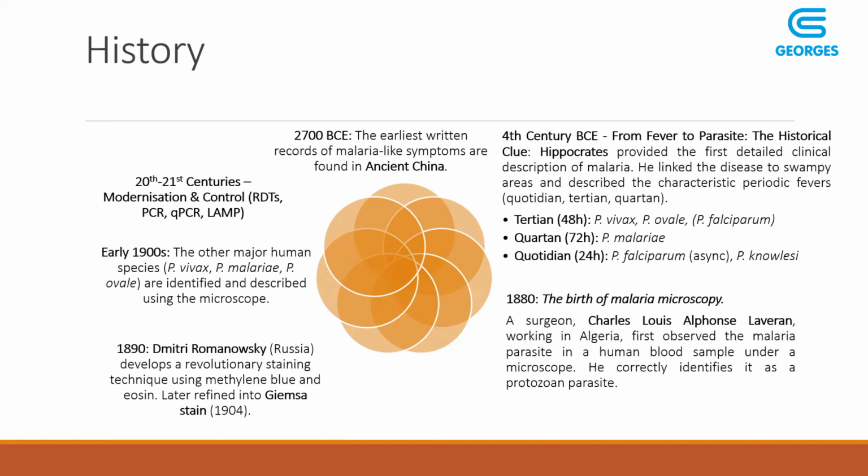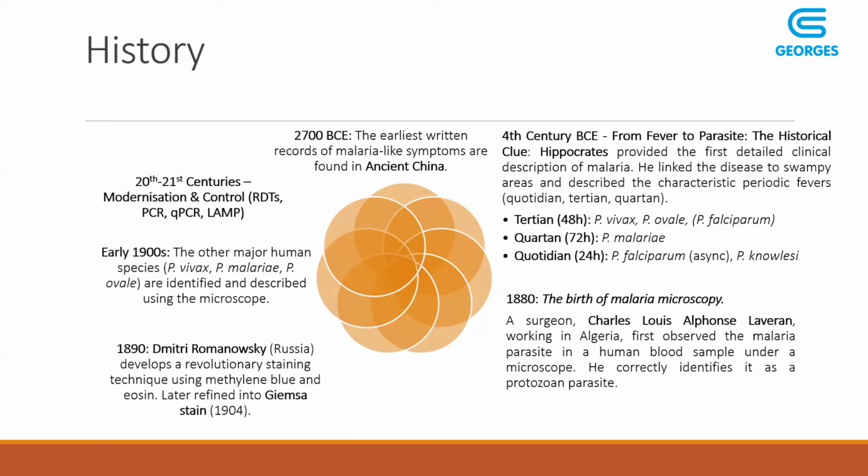So these fevers were three: the quotidian, tertian, and quartan. These fevers are characteristic of different species. So after 24 hours, continuous fevers or asynchronous fevers are experienced in falciparum infection and somewhat in P. knowlesi.